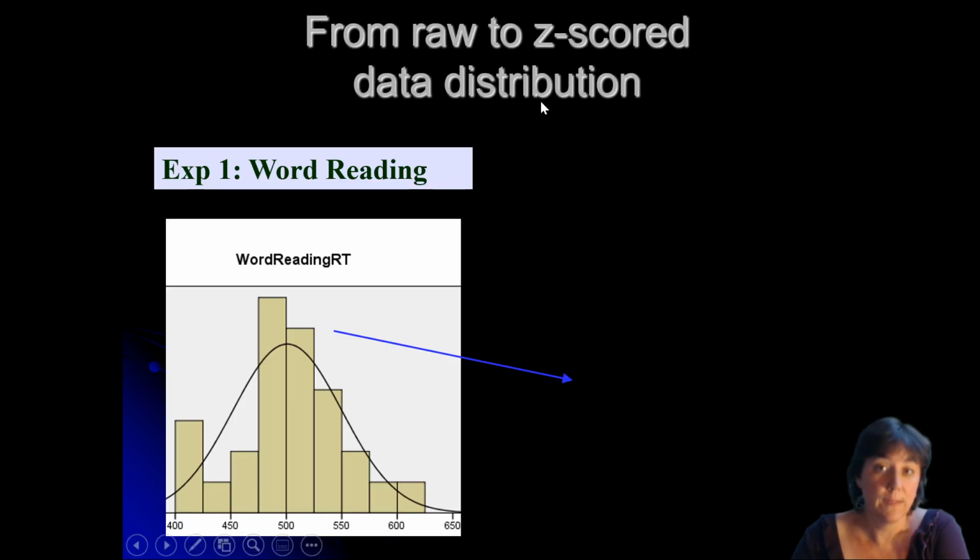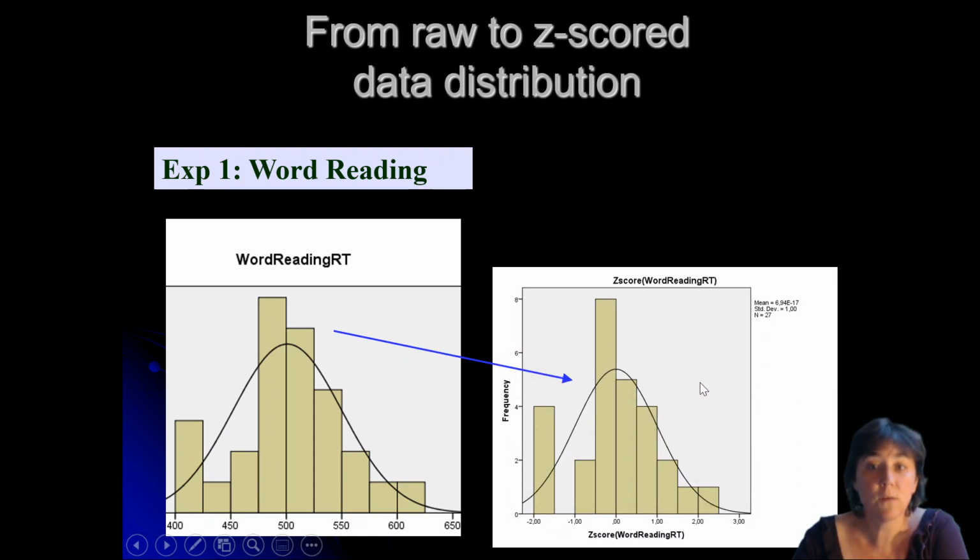Now, this is what happens when in SPSS I ask the program to make z-scores from my raw reaction time data. This is the distribution, descriptive statistics of the word reading reaction time in its raw format. And this is how it looks when I make z-scores of it.